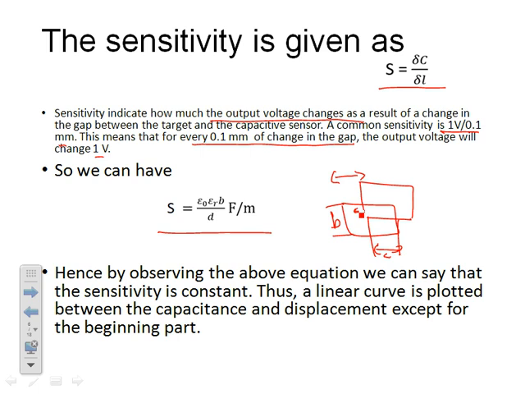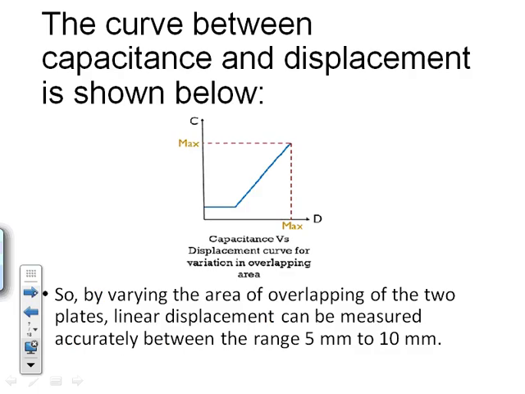Hence, by observing this equation, we can say that sensitivity is constant. Thus, a linear curve is plotted between the capacitance and the displacement, except for the beginning part. We can represent the curve of capacitance with displacement like this: here we take displacement and here the capacitance.